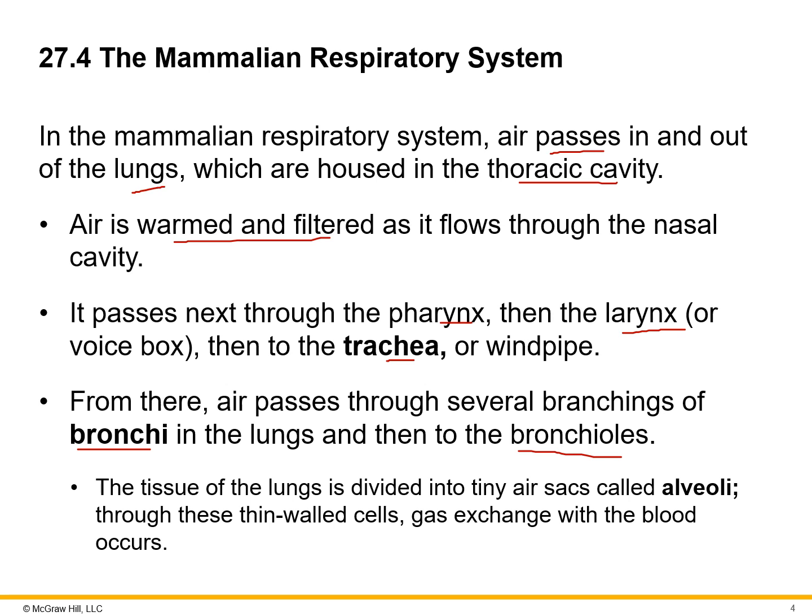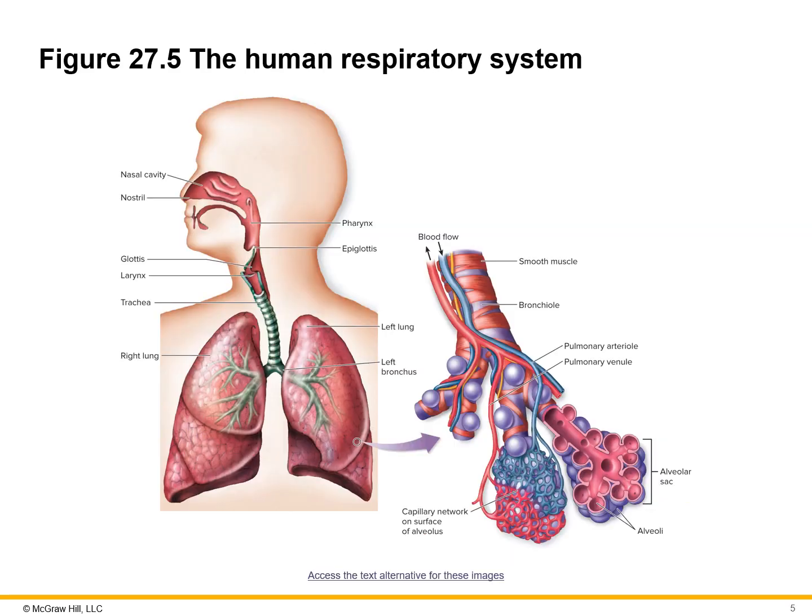That thins the walls around them to allow for gas exchange, and that actually happens at air sacs called alveoli. The lungs are filled with huge numbers of those alveoli, and that's exactly where the gas exchange occurs. Again, similar to the capillaries in our circulatory system.